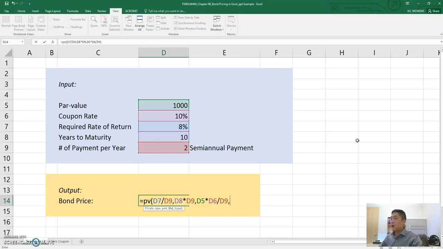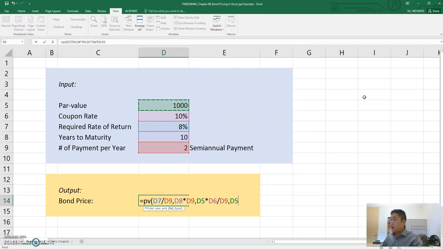The next value is the future value, which means what is the last payment at the maturity. This is going to be the face value of the bond. So you are going to be paid $1,000 at the end of the maturity date.